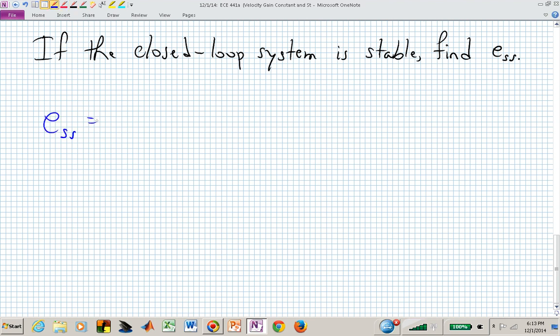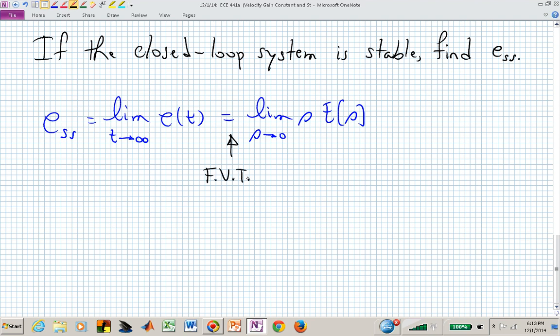The steady state error is a time domain quantity, and we want to know what happens when we finally reach steady state, which is a limiting condition on little e as a function of time, but by means of the final value theorem, that's simply the limit as s goes to 0 of s capital E of s, where E of s is our frequency domain expression that we derived above.